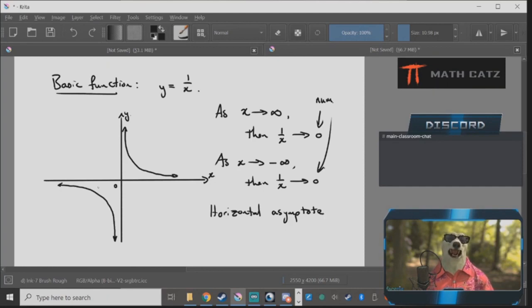Horizontal asymptote is this y value, and it's the line, in this case y equals 0. It's a horizontal straight line. In this case, it just happens to sit right on the x-axis. It's what the graph is wanting to do long term, far to the right.